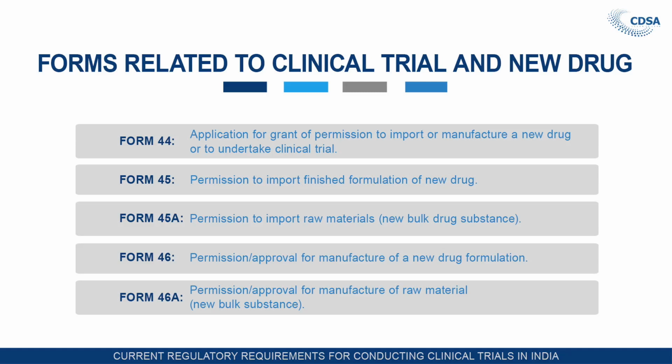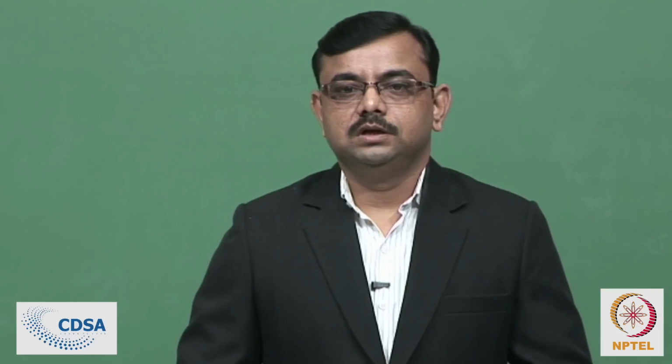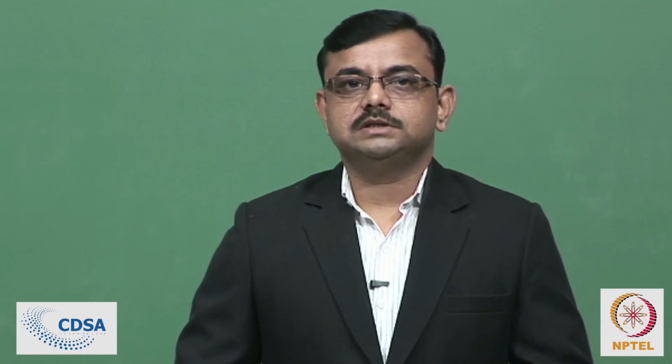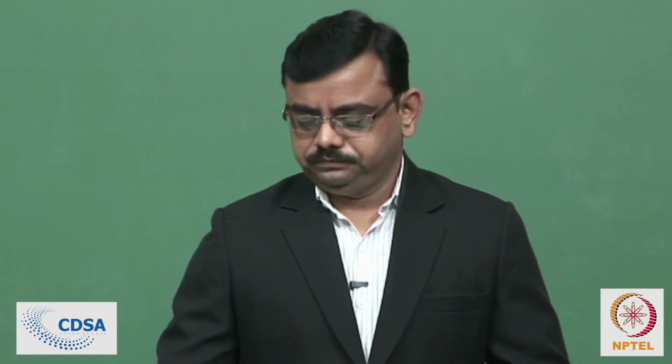So whatever specification is approved by the licensing authority, the applicant while manufacturing or while importing that drug has to follow that specification, that condition is stipulated there. Even though this permission has been given for the raw material, it doesn't mean that he can import or manufacture the formulation. He has to take a separate approval for the import or the manufacture of the formulation of these drugs.